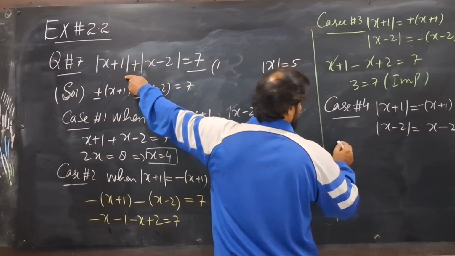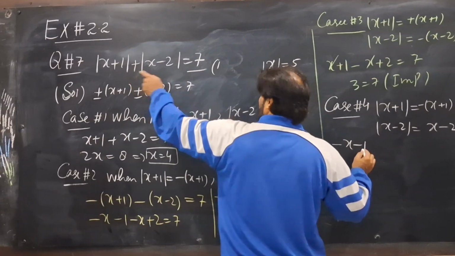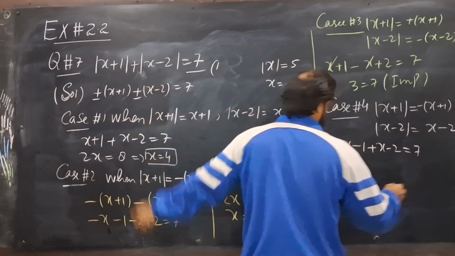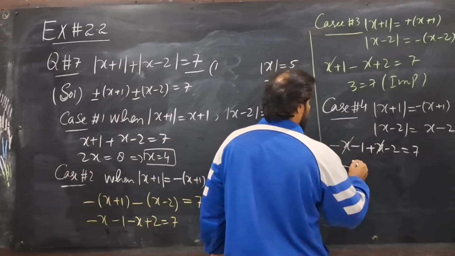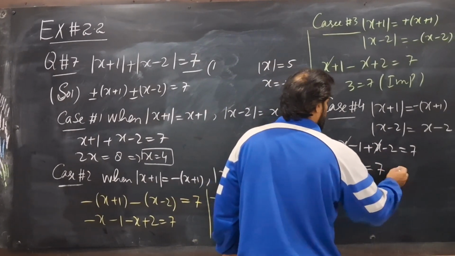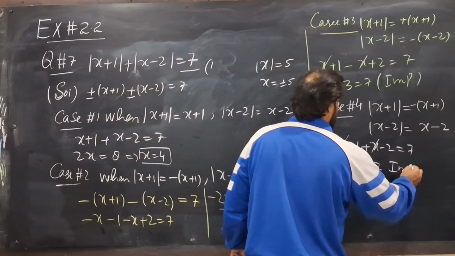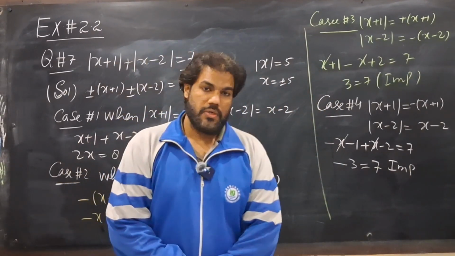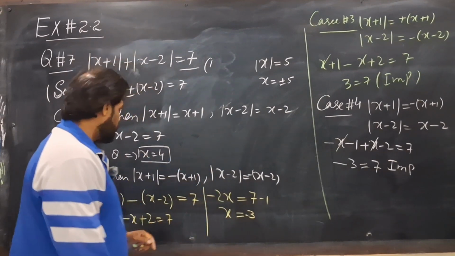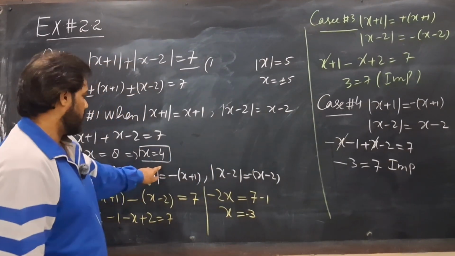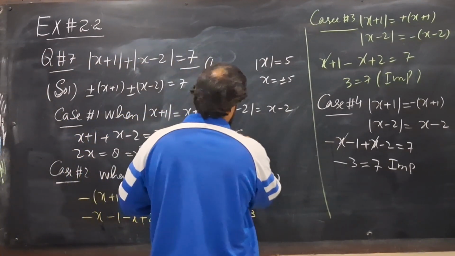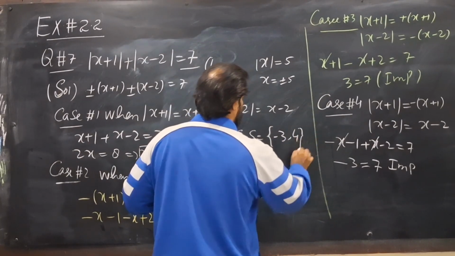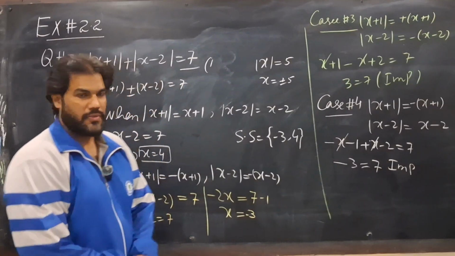When we put here minus x minus 1 and x minus 2, this will cancel x. Again we have minus 3 is equal to 7. This is impossible because minus 3 can never be equal to 7. So there are only two possible cases, and for these cases we have the solution set x is equal to minus 3 and 4.